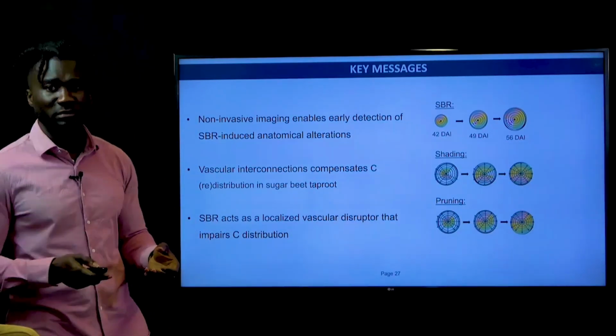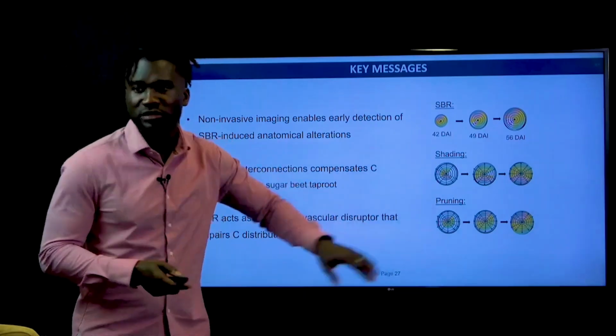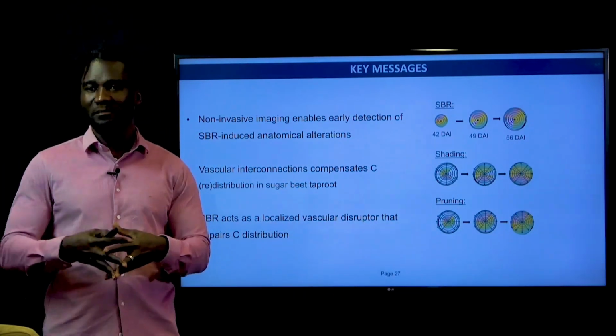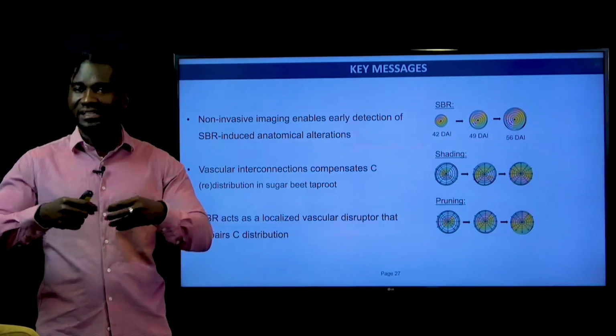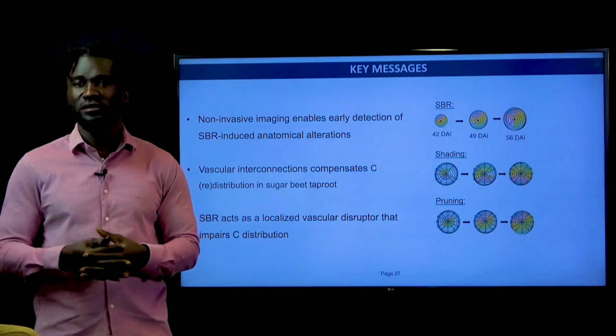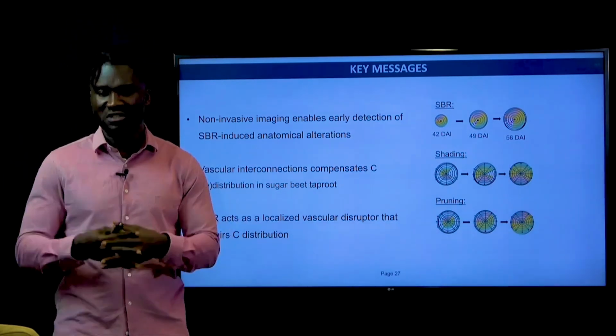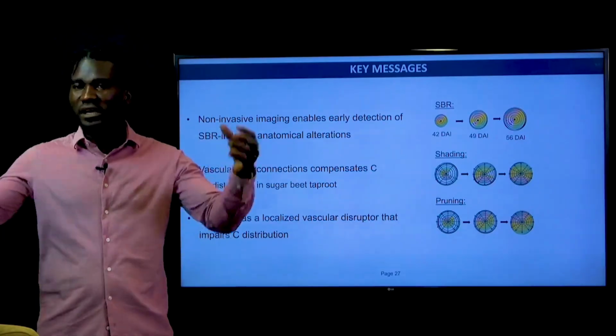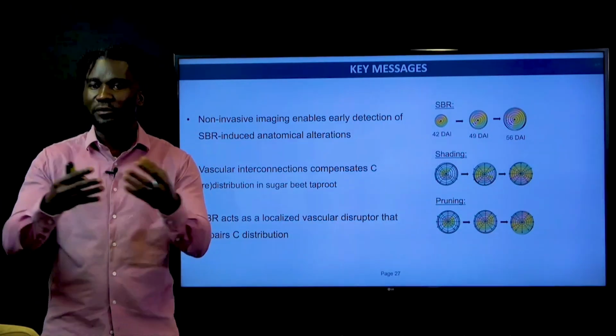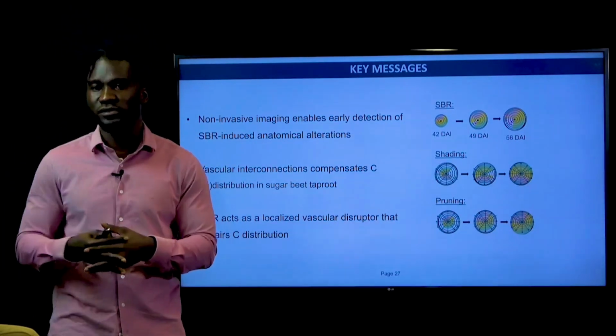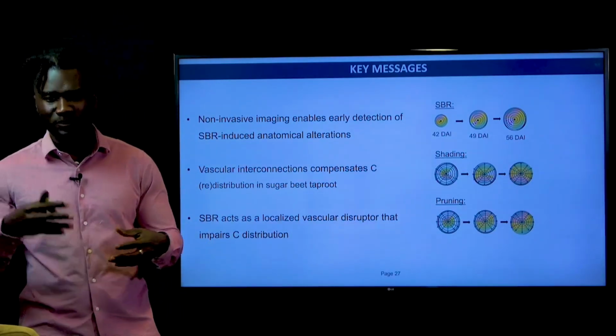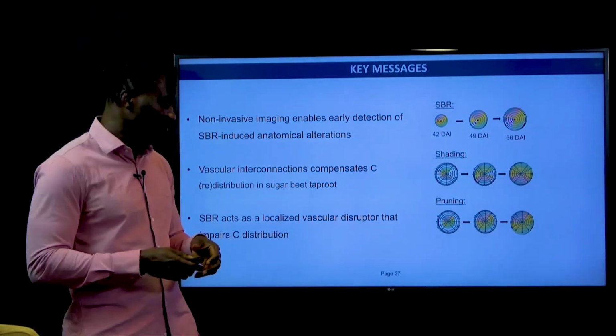Also, from the manipulation experiment, that is the shading and pruning, we have clearly established that the taproot acts as a unifier to redistribute its photoassimilate resources, and this is aided by vascular interconnections, which allow the flow of photoassimilate to sectors with little or low 11C signal.